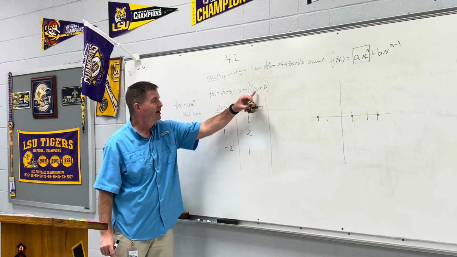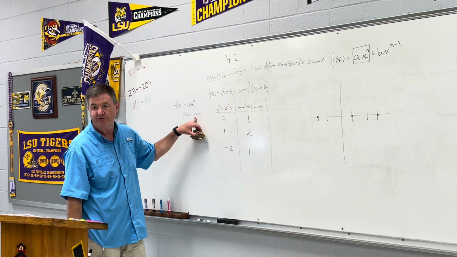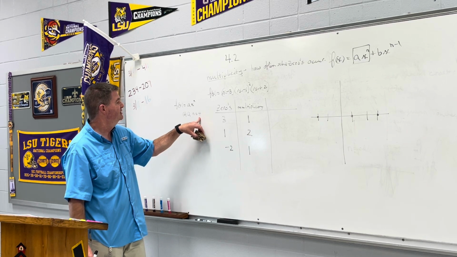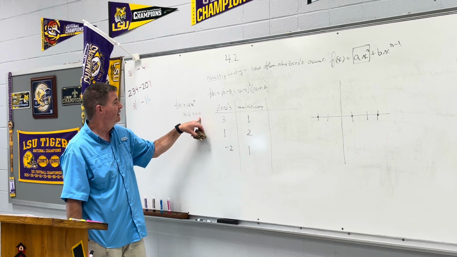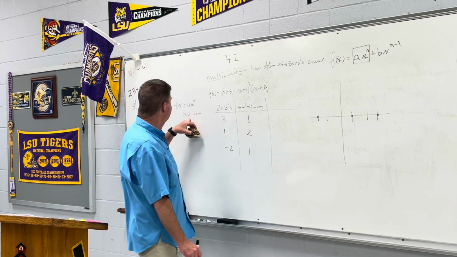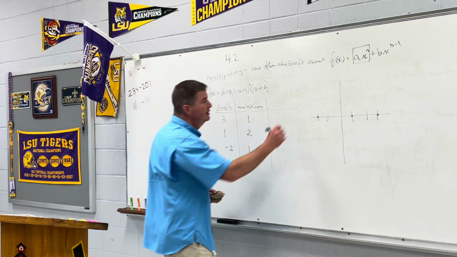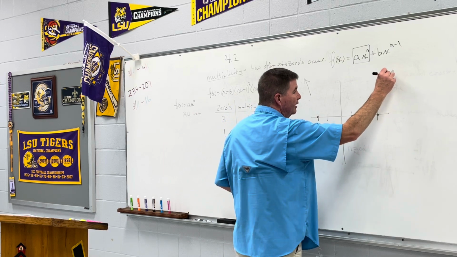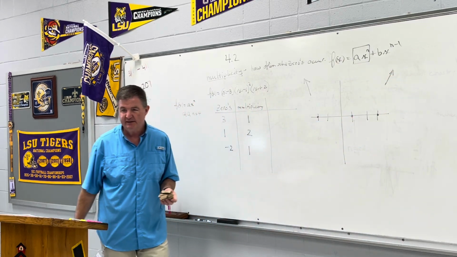If I multiply all these together, I would have x to the 4th power. So it's telling me that my n is even. So therefore, we have a positive, we have even, so I know that both ends are facing up.